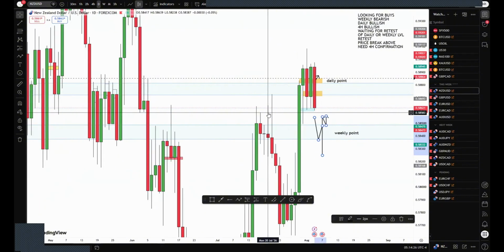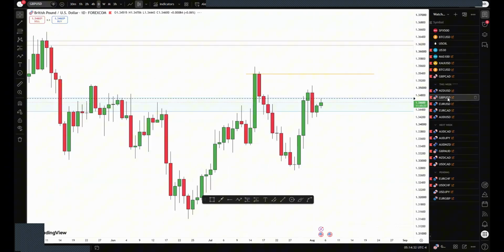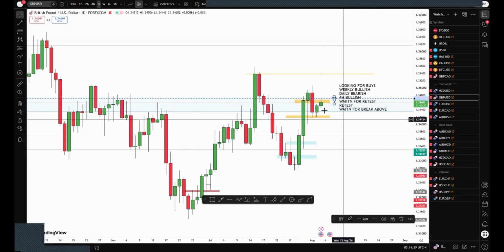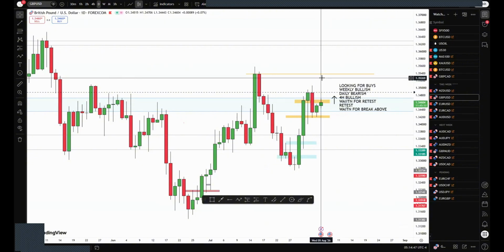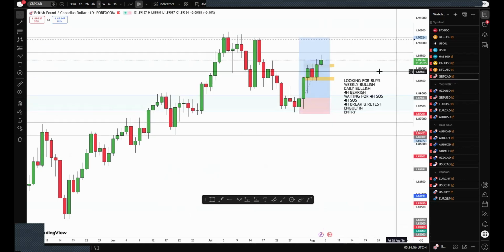So we'll see how the daily closes here. Same with this one. But you can see by the look of things that this price today is most likely going to be above this level, and price will continue buying. Same with this one.